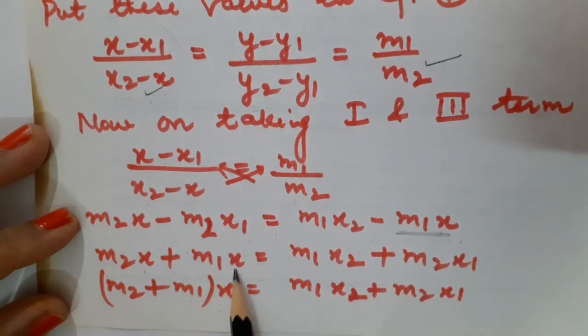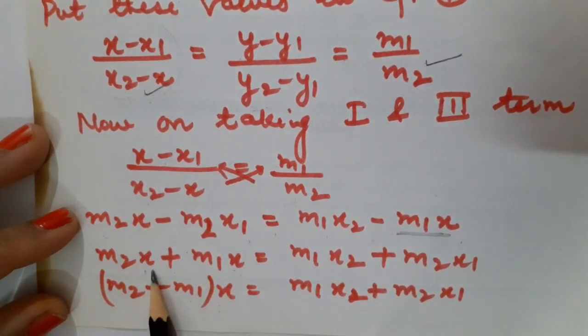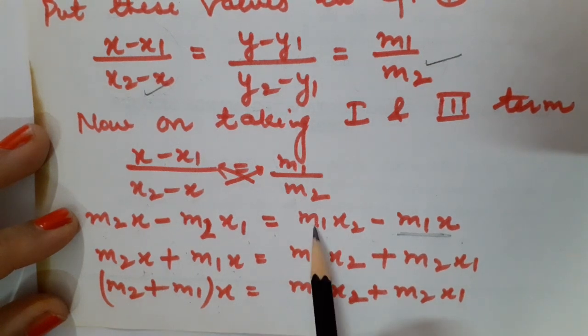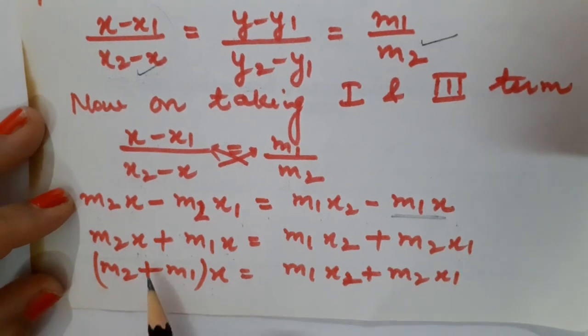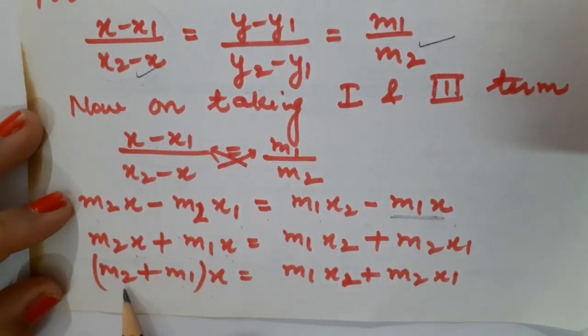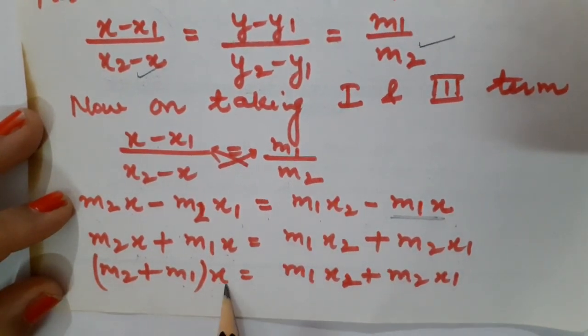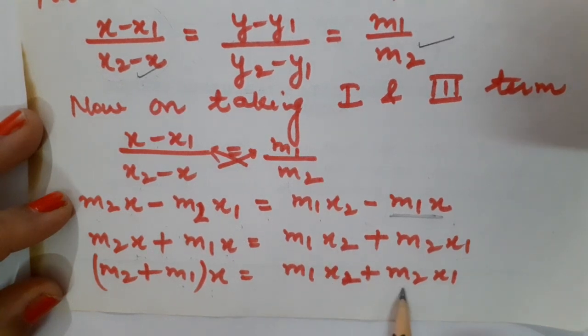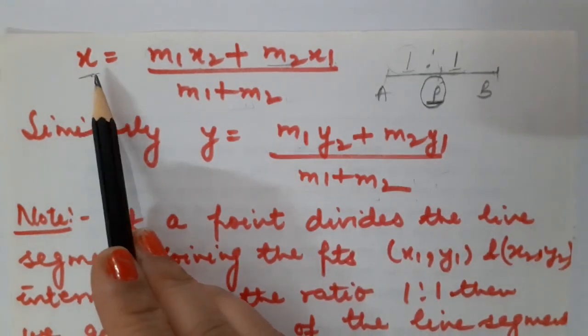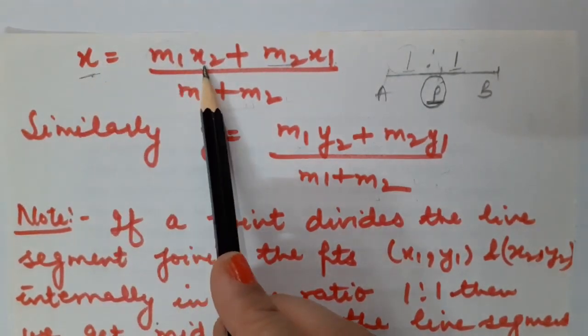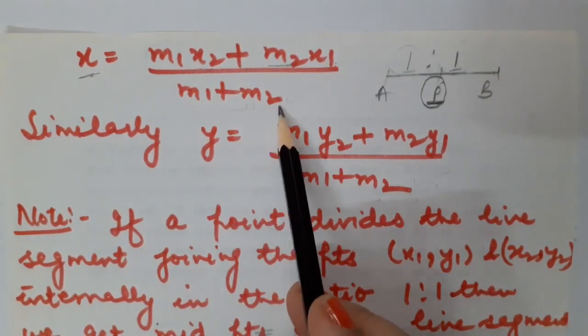It would become plus m1x and m2x was already present over here. Okay. Is equal to m1x2 plus m2x1. Now, while taking x as common, I have got m2 plus m1 into x is equal to m1x2 plus m2x1. Correct, students? So, what is the value of x? x is equal to m1x2 plus m2x1 upon m1 plus m2.